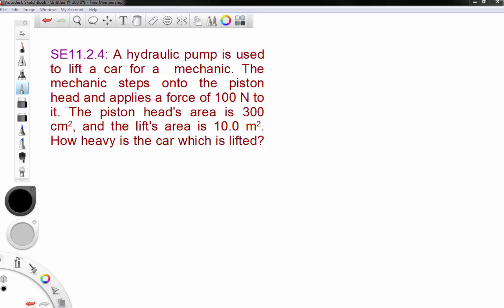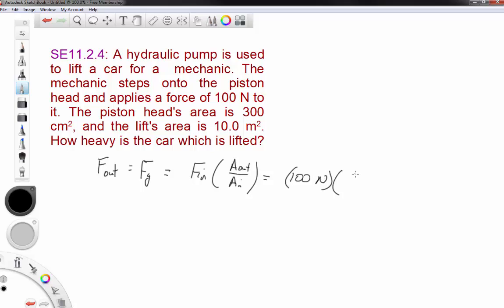All right, to solve this question, we basically just use that the output force, which is equal to the weight of the car, should be equal to the input force times the output area over the input area. So the output area, of course, was given in meters squared, the input in centimeters squared.